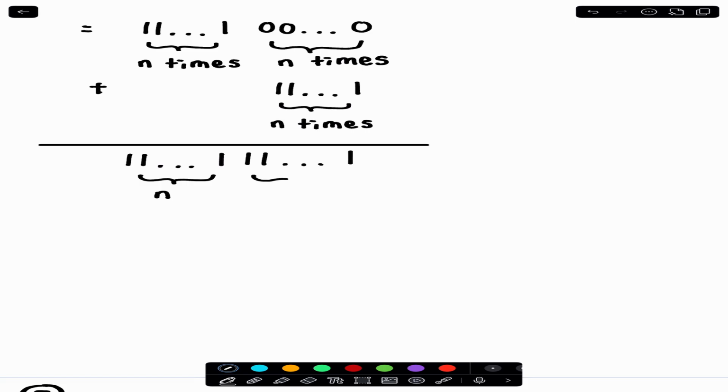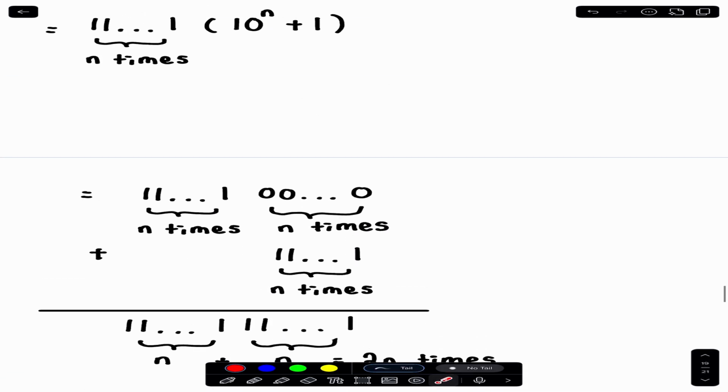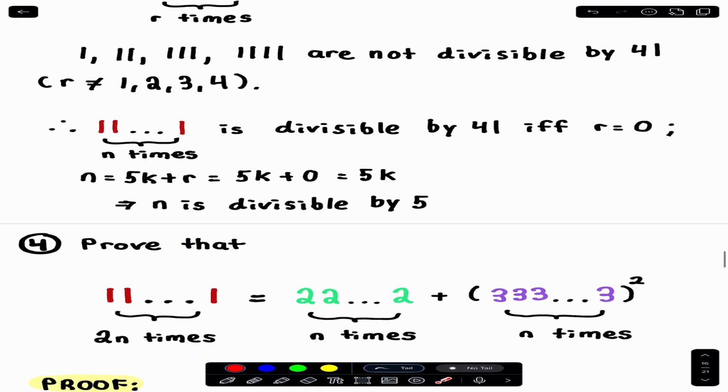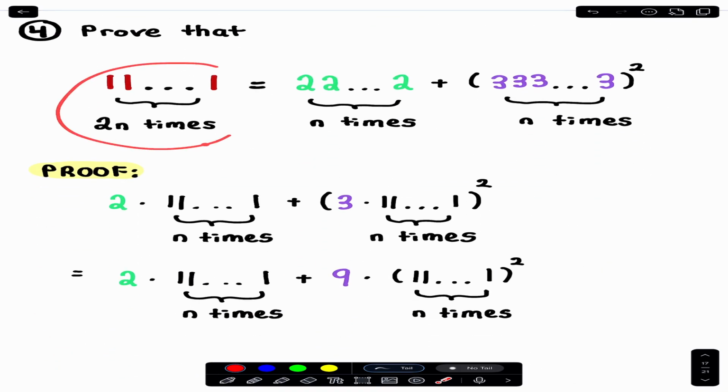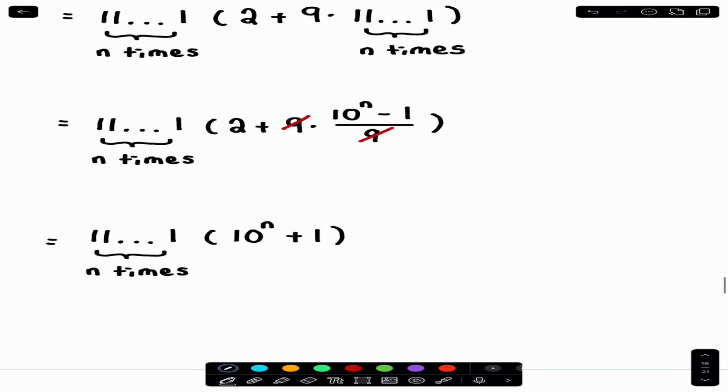So just to really clarify, in the end, we have 2n copies of 1, which is exactly what we wanted to show at the start. So, congratulations, that's the proof.